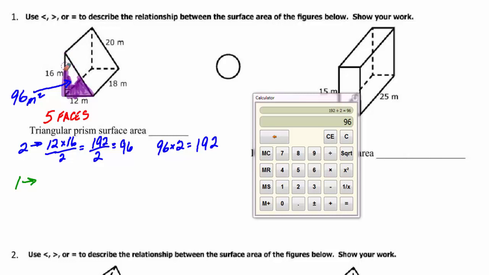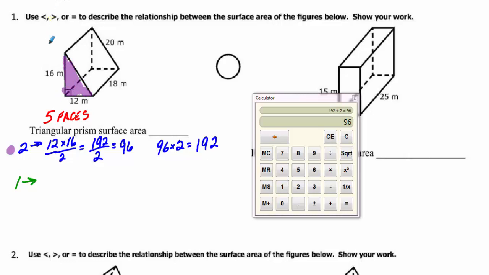All right, the next face, I'm going to have 1. Let's get rid of all of that, and we'll put this shading. Okay.